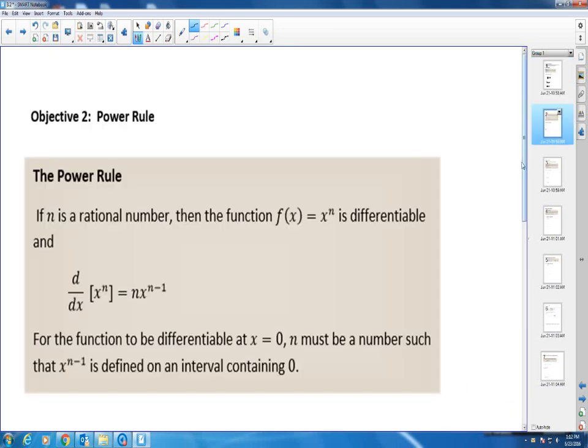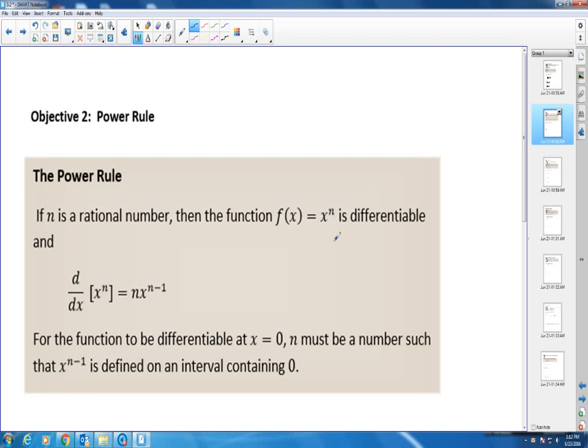Now the power rule. Let's say n is a rational number. Then the function f of x equal to x to the n power. n is a rational number, that means it's a fraction. If my exponent is a whole number, it can also be written as a rational number or a fraction as well.